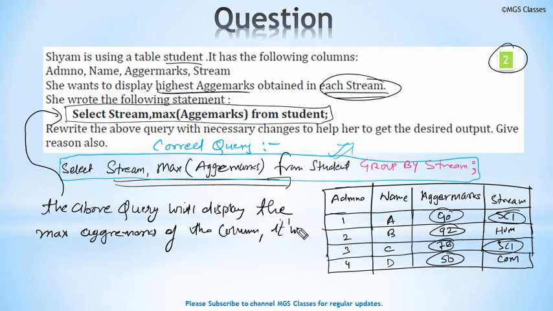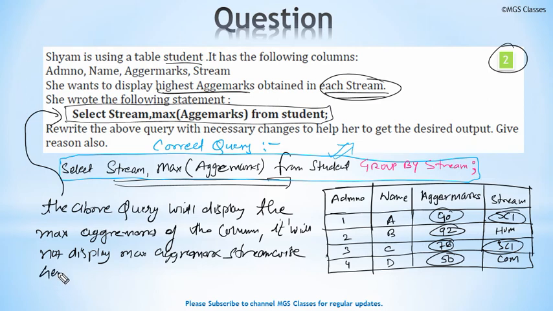It will not display maximum aggregate marks stream wise. Hence this query is not giving the proper or desired result.